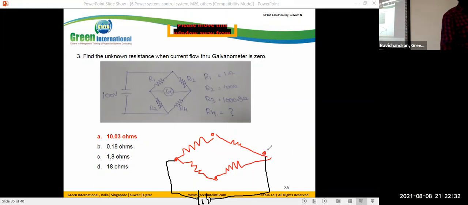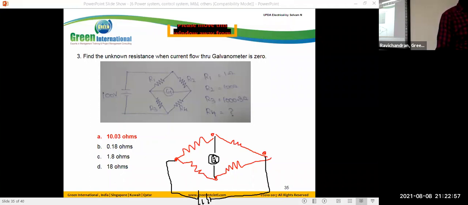So 4 resistors are connected like this, and we have 2 diagonals. In one diagonal, I connect the voltage source. In the other diagonal, I connect the galvanometer. So this circuit we call a bridge circuit.